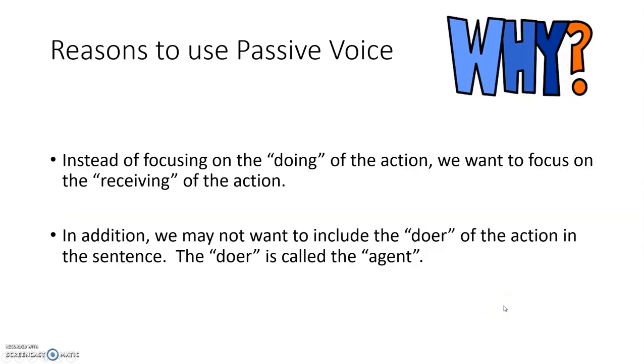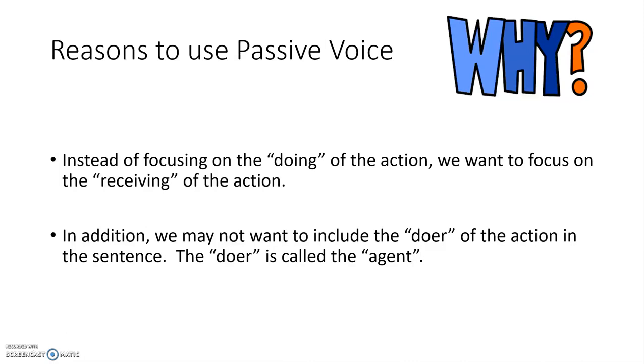Here's some reasons why we use passive voice. So you might be wondering, if the active sentence is correct, why do I have to change it? Why can't I just have one correct answer in English?